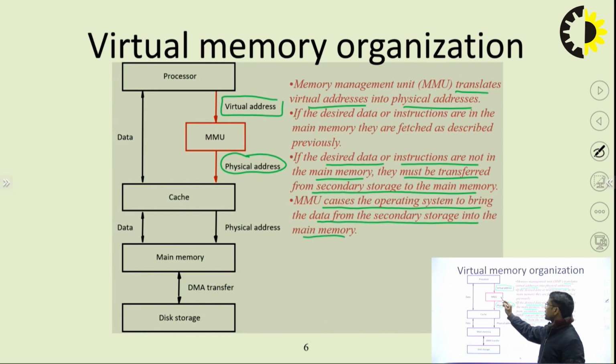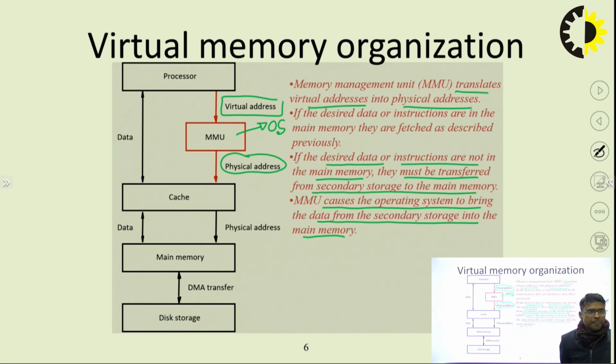This tells the operating system that the virtual address being translated does not have a physical address available in main memory, and the operating system will intervene and bring that particular data to main memory if it is not available.